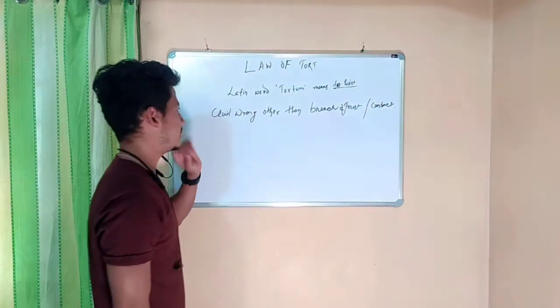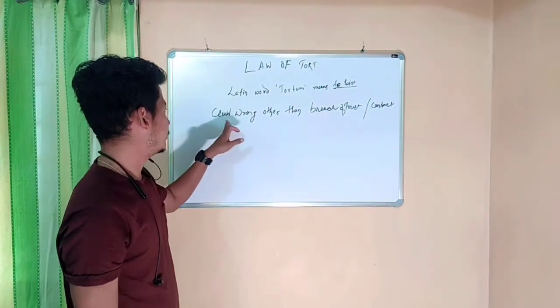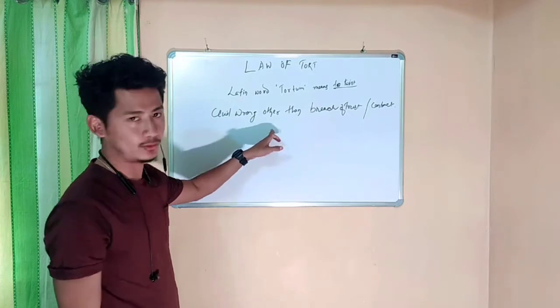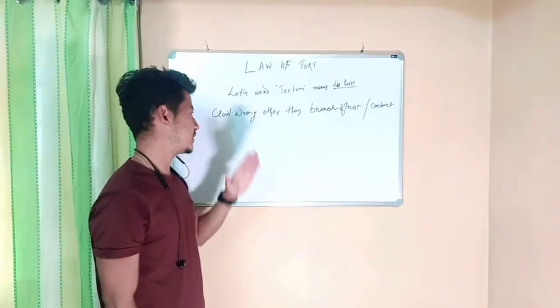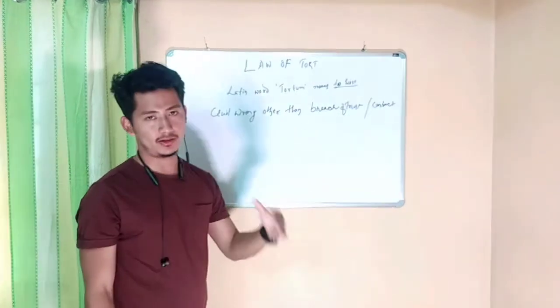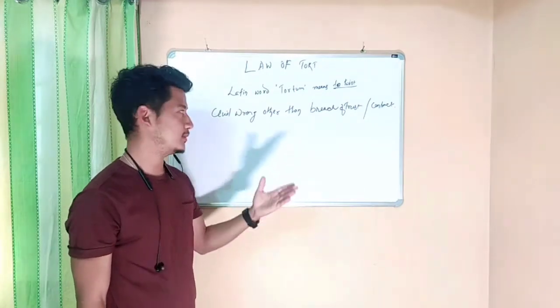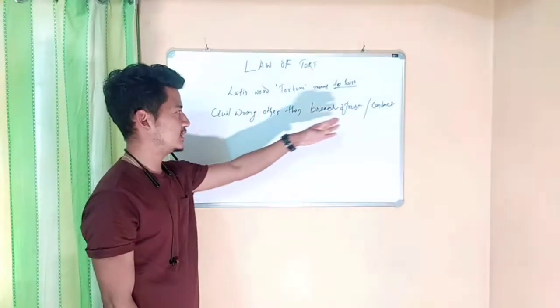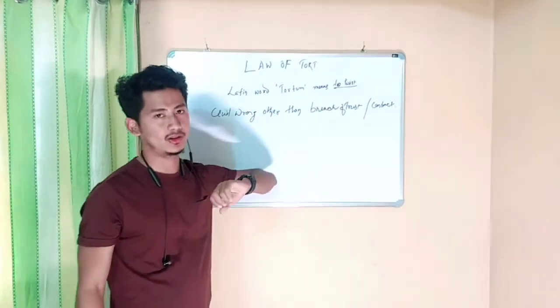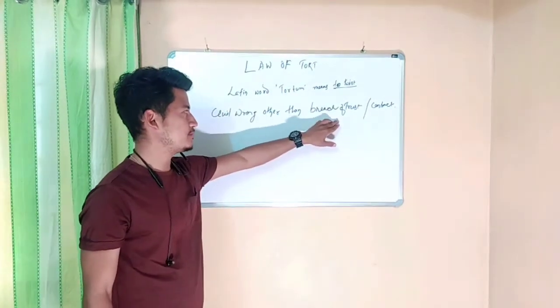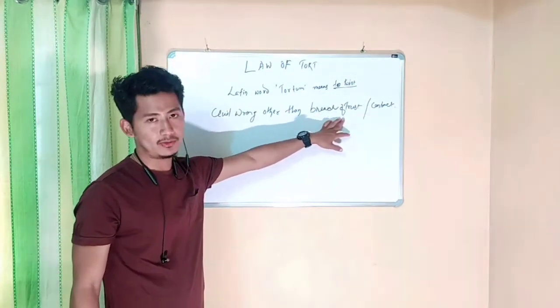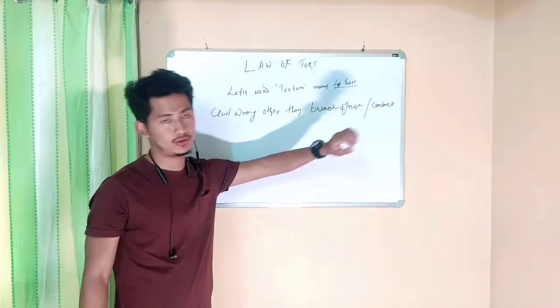It is not a criminal wrong, it is a civil wrong committed by a defendant against the plaintiff, and it is other than breach of trust and breach of contract. Why is it said so? Because for breach of trust we have the Indian Trust Act, and for contract we have the Indian Contract Act.